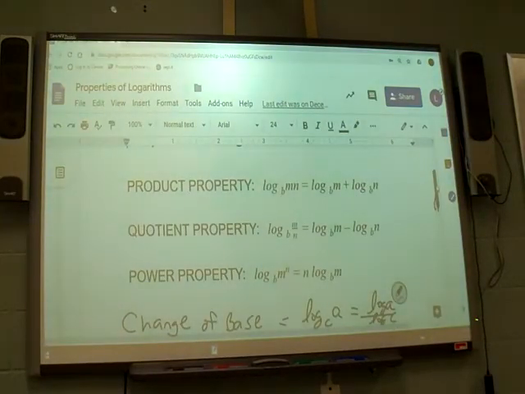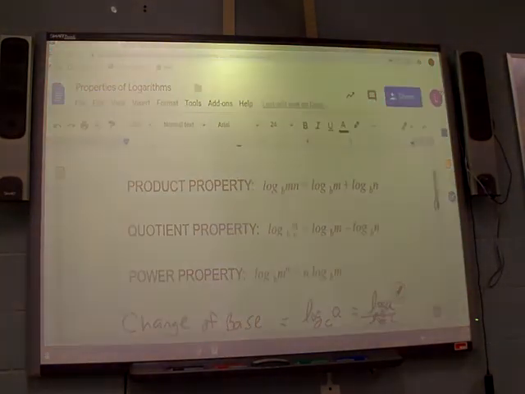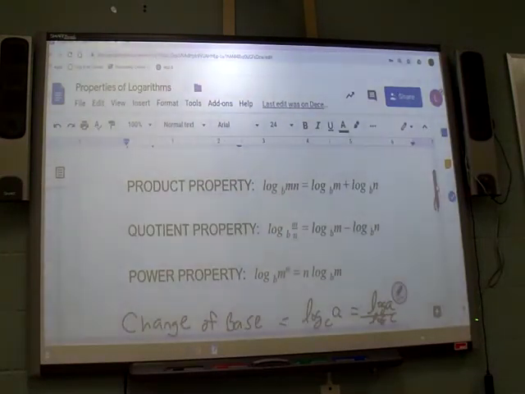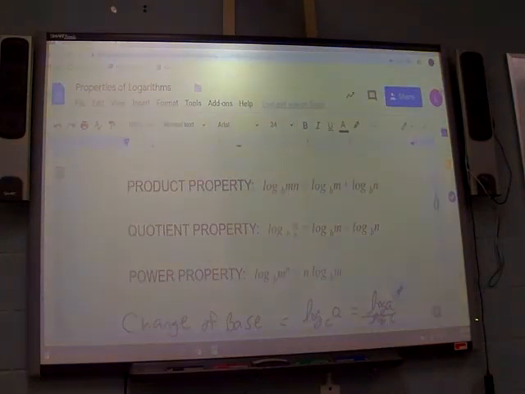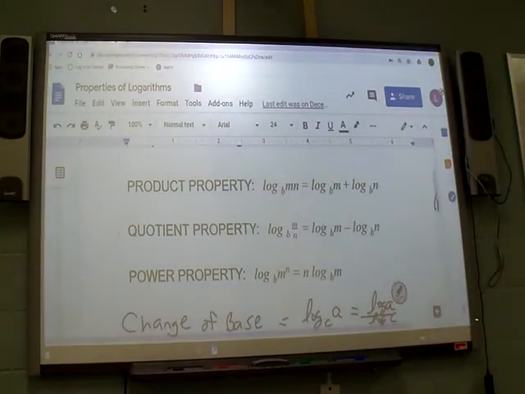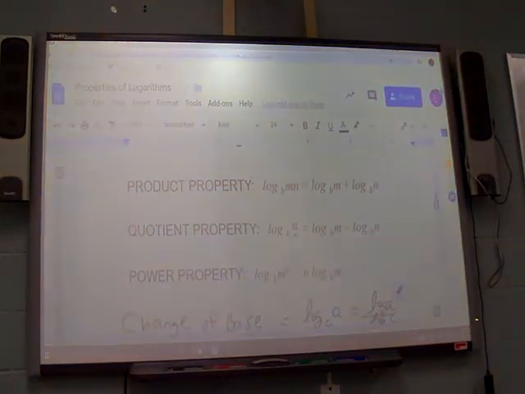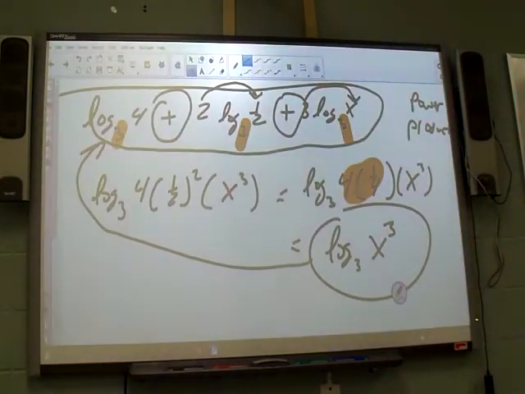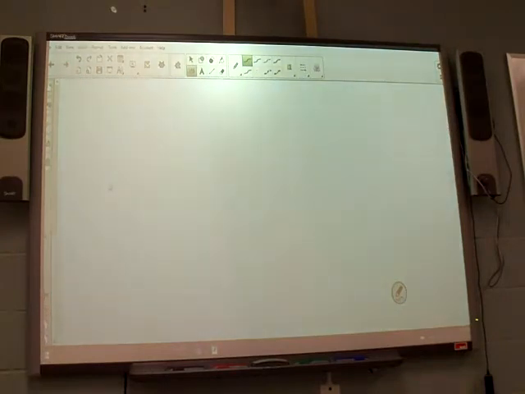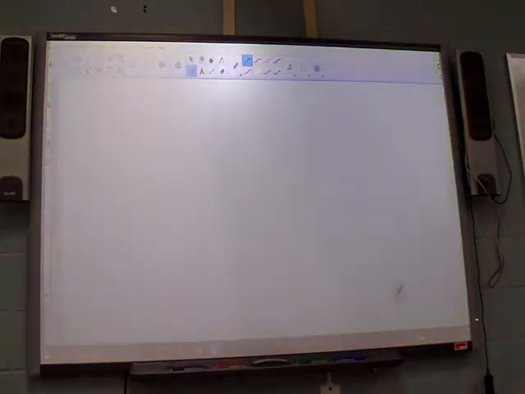Sounds like a lot more work. It's a couple more button pushes, so it is faster using the log base button, but I just want to show you the similarities. We're about there. So if we had, let's go over here to change the base.